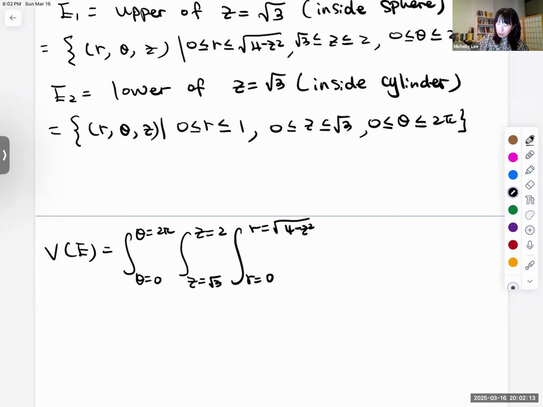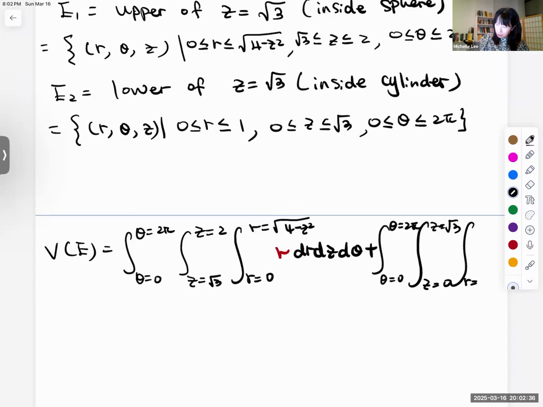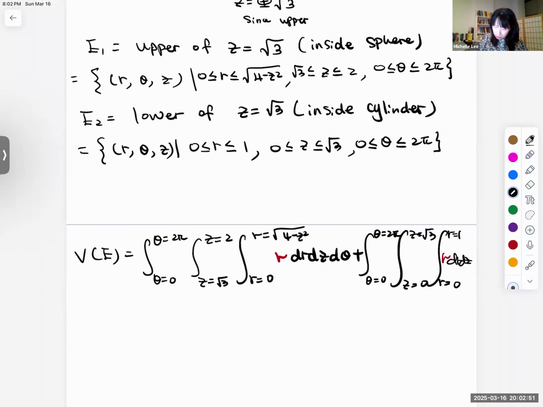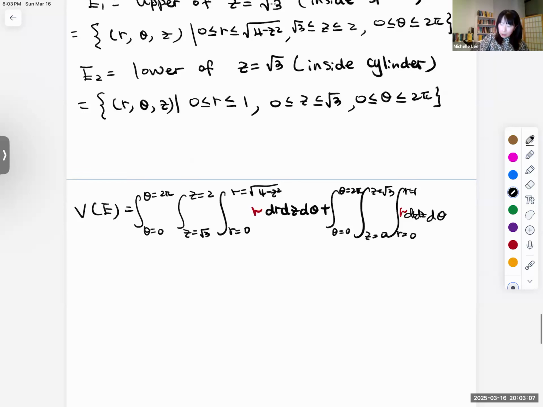Then we add the second one: angle theta 0 to 2 pi, and z equal to 0 to square root of 3, and r equal to 0 to 1, right? With r, z, theta as the order.